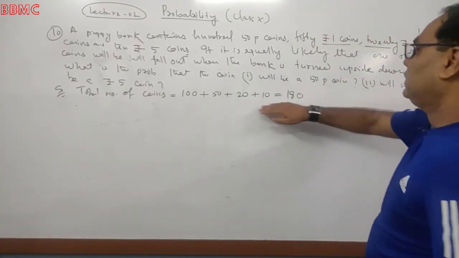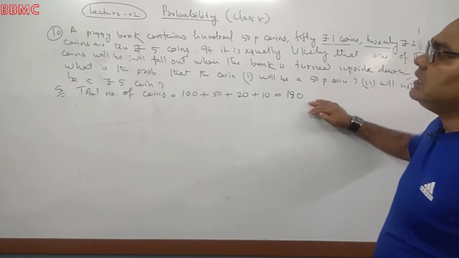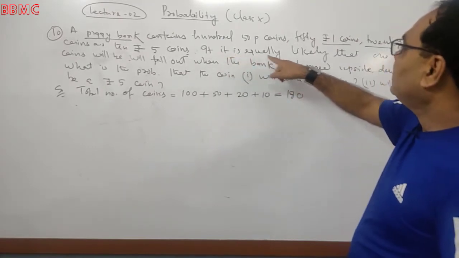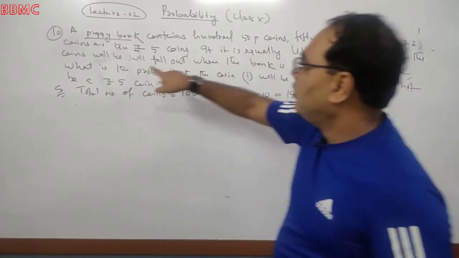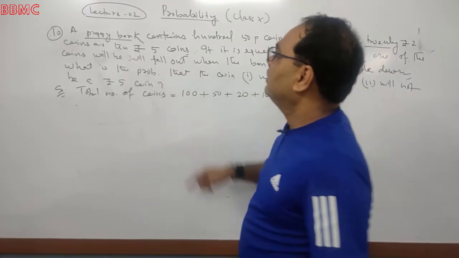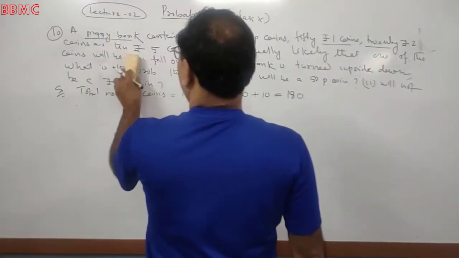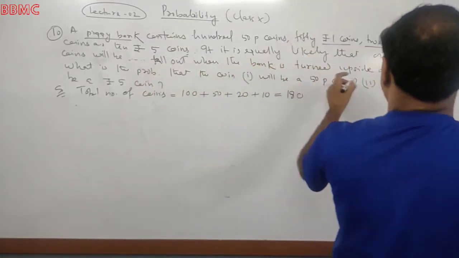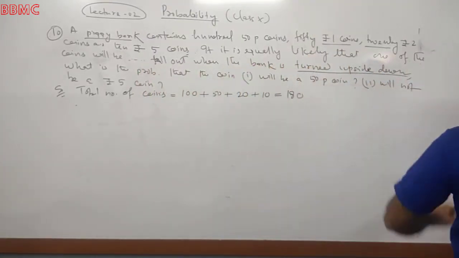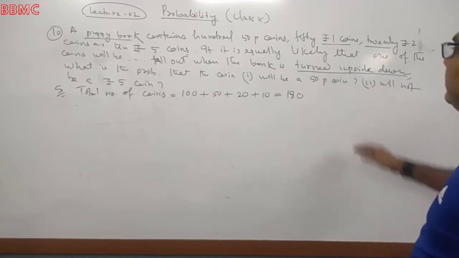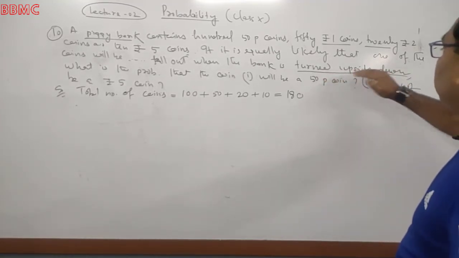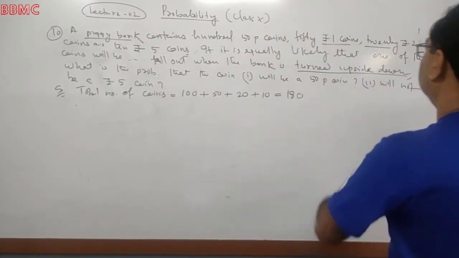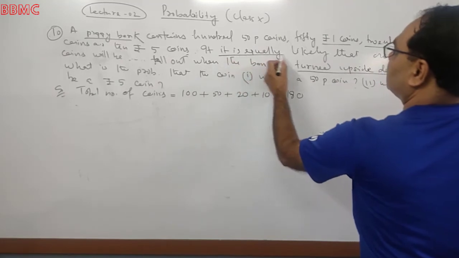This is the total number of coins in the piggy bank. If the bank is turned upside down, one of the coins falls out, and all the coins are equally likely.